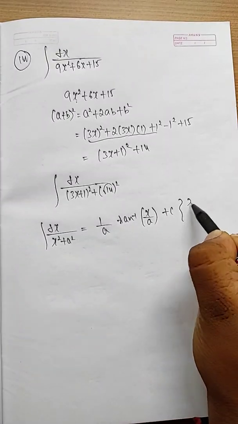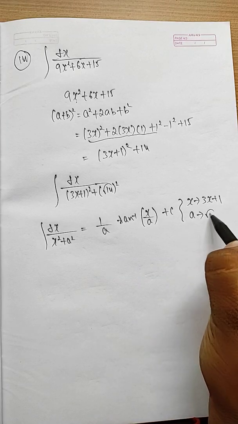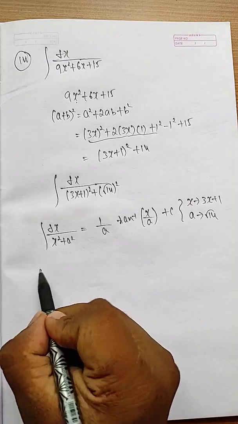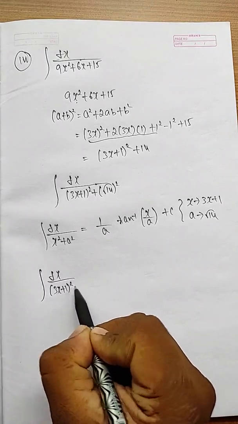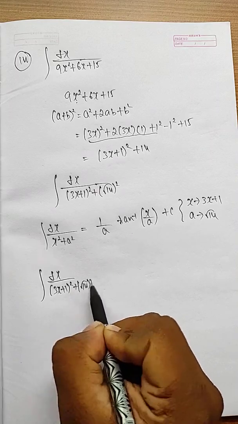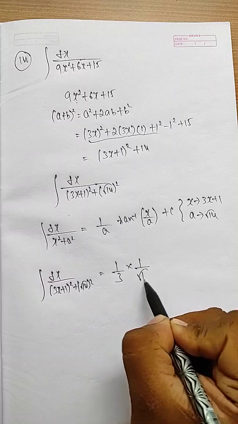Here x is replaced as 3x plus 1, a is replaced as root 14. So the integration of dx by 3x plus 1 whole square plus root 14 whole square is equal to 1 by 3 into 1 by root 14.